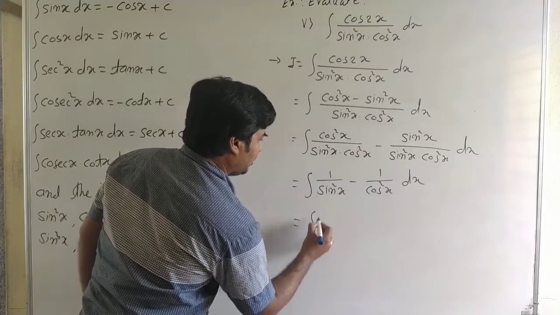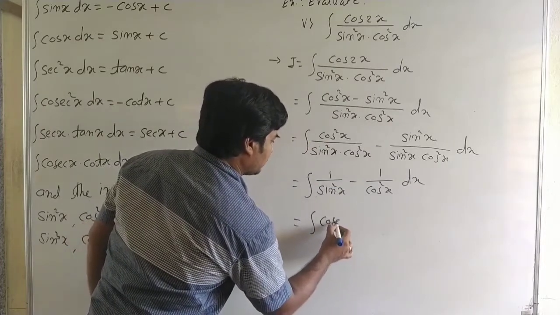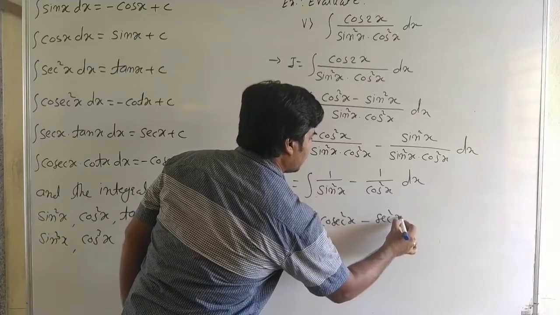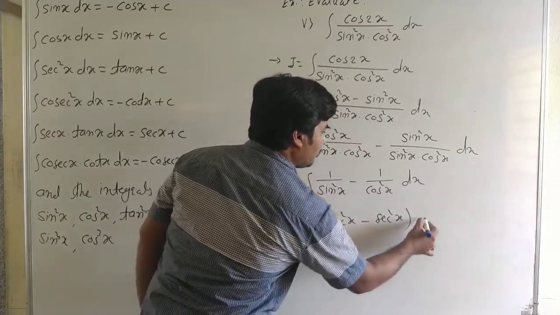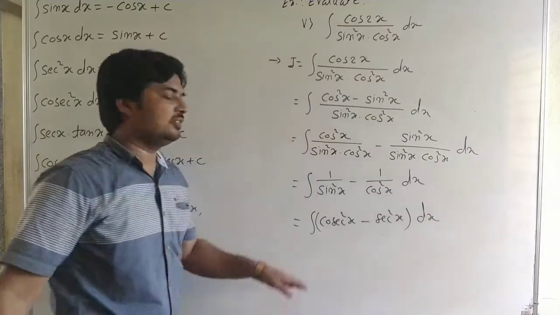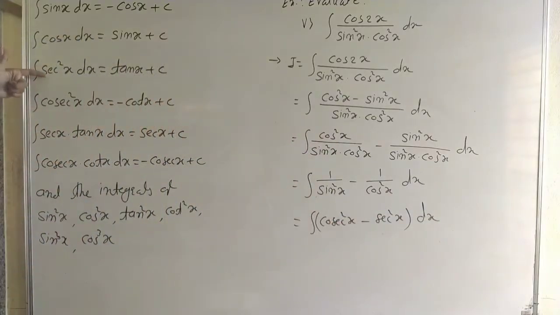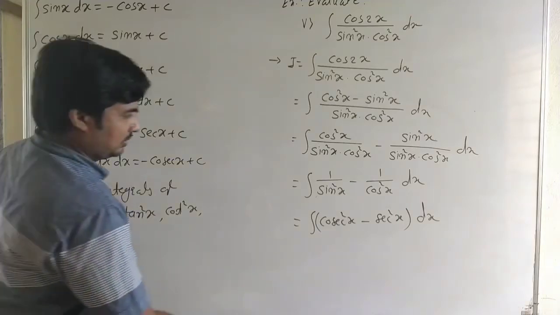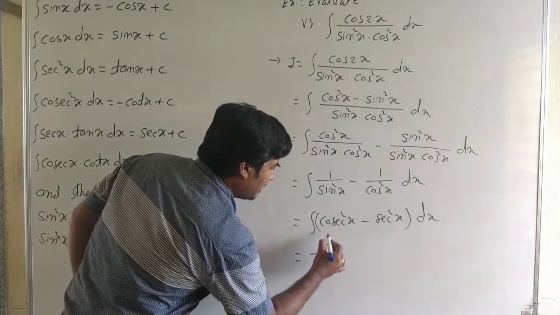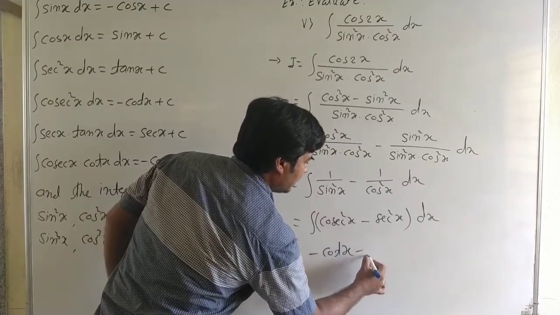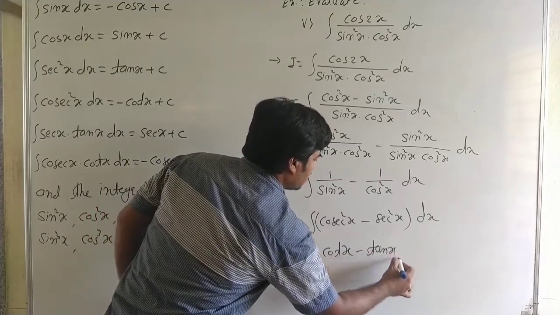And here 1 by sin square is cosec square, minus sec square. Now we find the integral of cosec square x and sec square x with respect to x, and both are standard integrals. It is minus cot x minus tan x plus c.